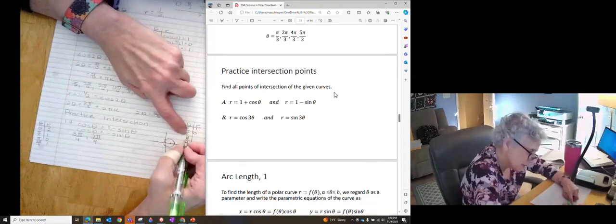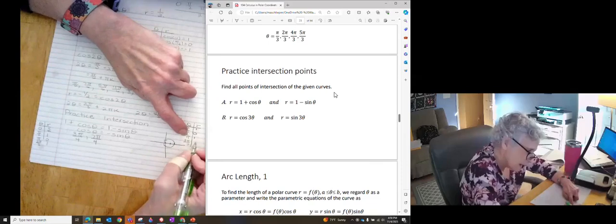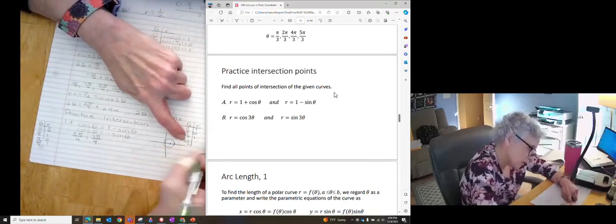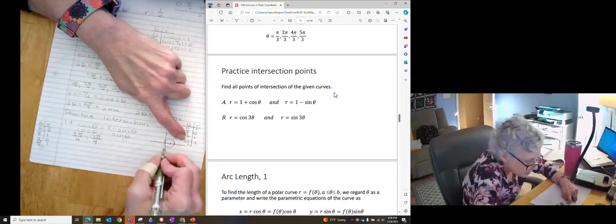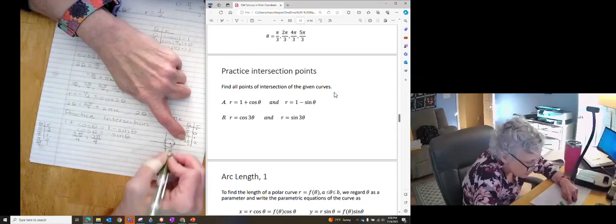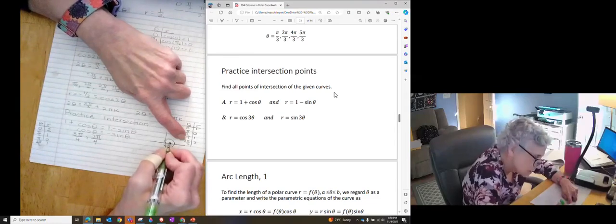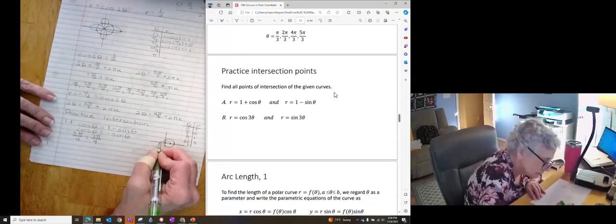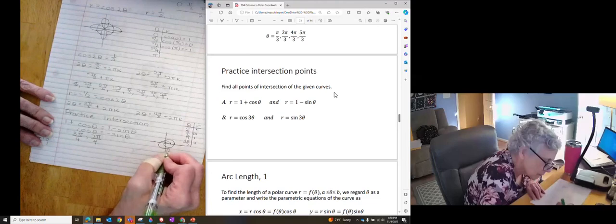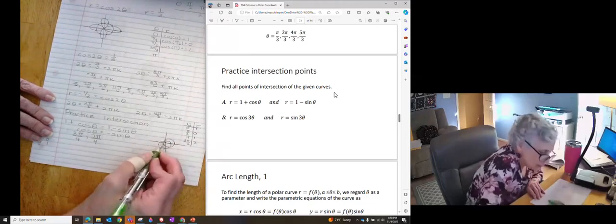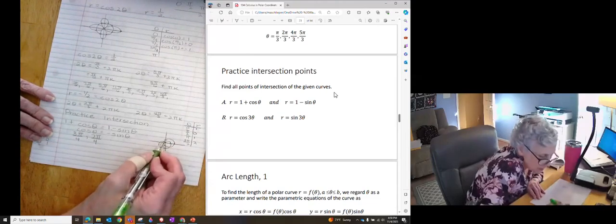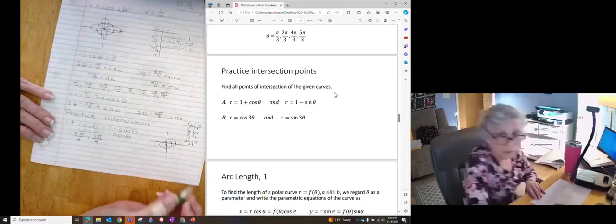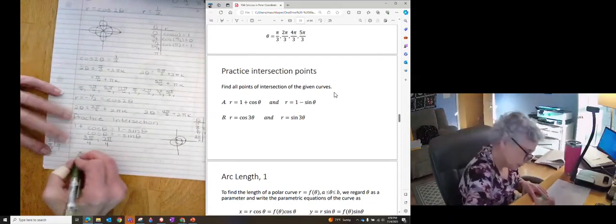That's where we're at 0. At pi, we're back at 1. And then at 3 pi halves, we're at 1 minus negative 1, which is 2. So we'd be down here at 2. So we start at 1. So we intersect over here. We intersect right here, but also at the pole.